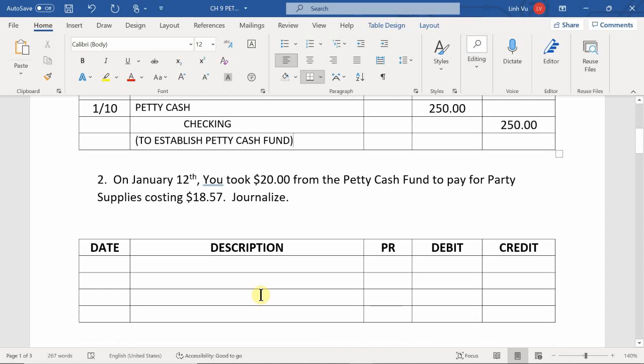Number 2, then on January 12th, okay, you took $20 from the petty cash fund to pay for party supplies. That cost you a total of $18.57. Journalize this transaction.